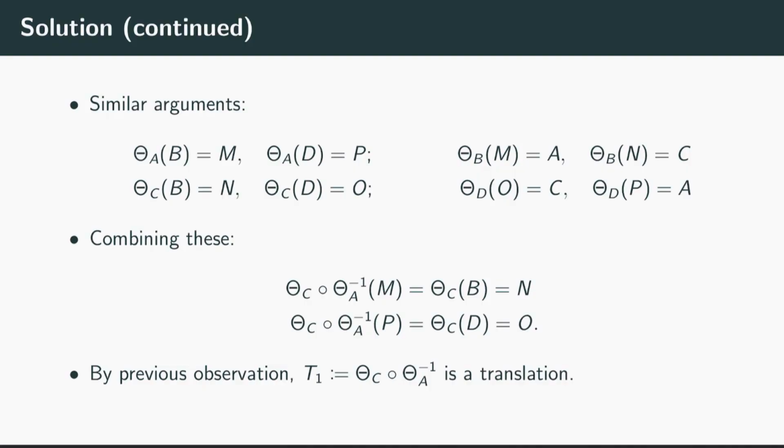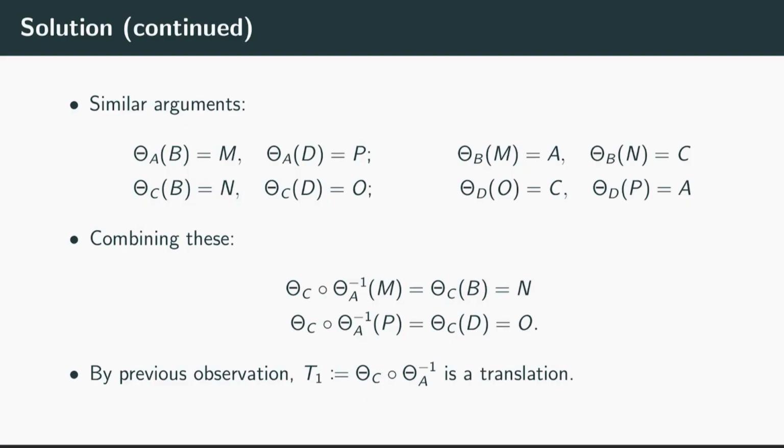Okay, and then now when I combine these observations, I can look, for instance, at theta A inverse of M. Well, from this up here, I have that it is B. So I can replace it with a B, and then now I look at theta C of B, and that gives me N as the output.